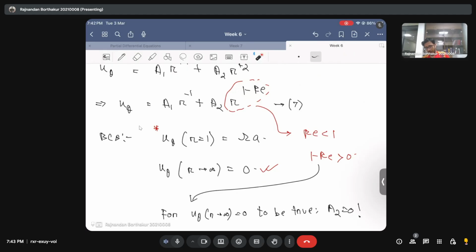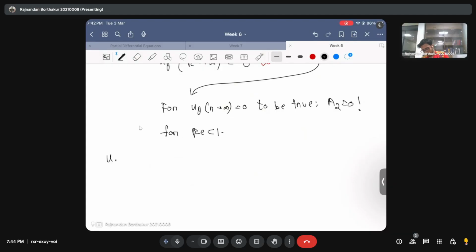In order to have u theta be 0 at r tending to infinity, I must have a2 be 0, otherwise this is simply not possible. Which means u theta is just going to be equal to a1 times r power minus 1 when Reynolds number is less than 1.